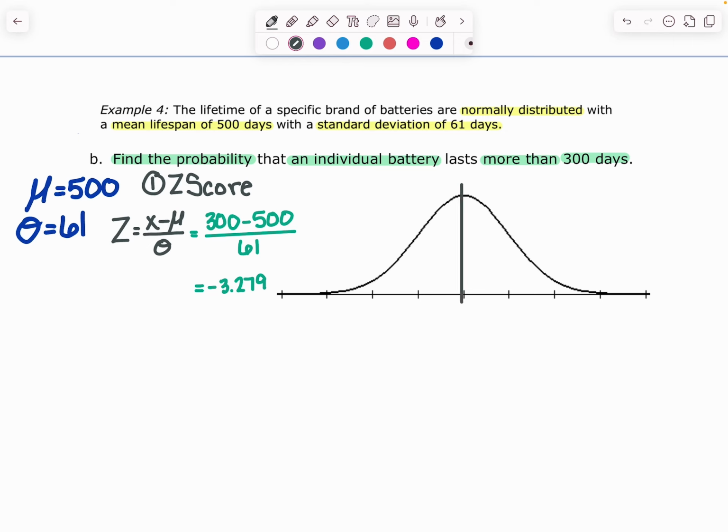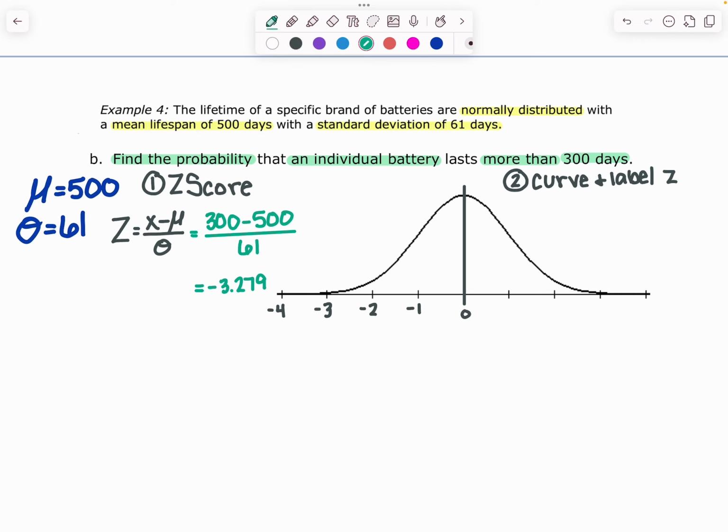So the middle of my curve is 0, negative 1, negative 2, negative 3, negative 4. This is step 2. Draw your curve and label your z-score.